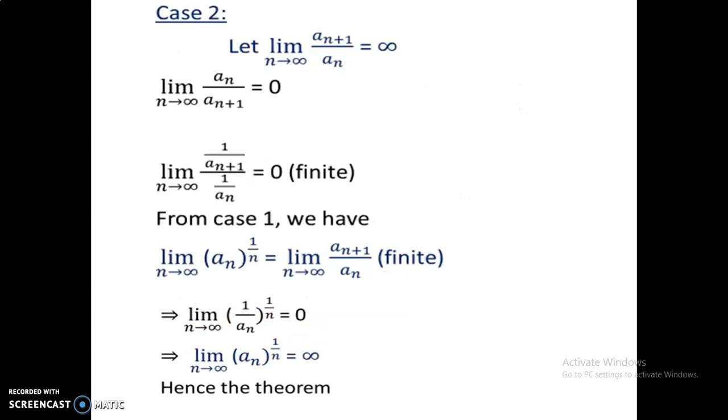Similarly we can prove that if a_n by a_{n+1} is 0, it is finite. From case 1 we have that it is finite, so that it is 0, and then it is also infinity. Hence we have proved both parts of the theorem, Gauss's theorem on first and second limit.